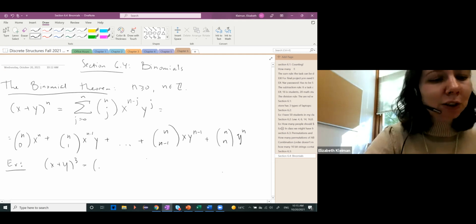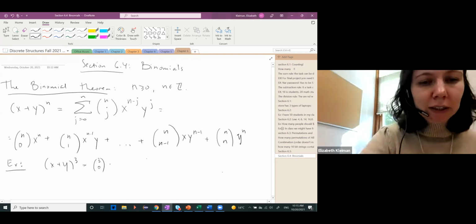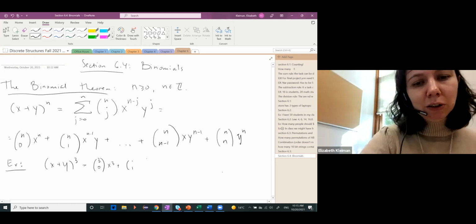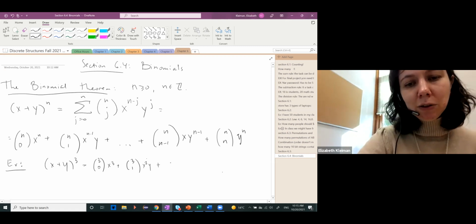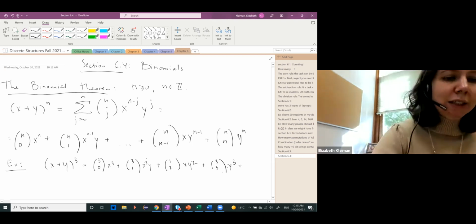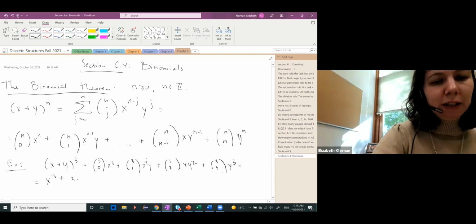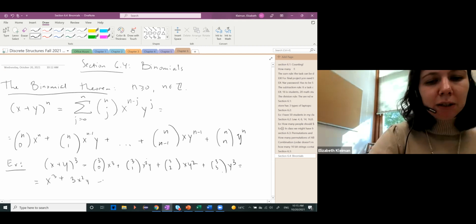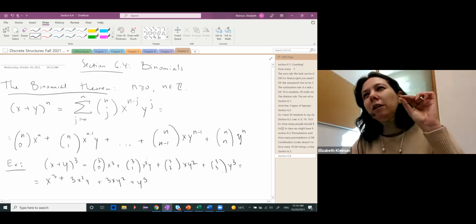So the first term is going to be 3 choose 0 x cubed, plus 3 choose 1 x squared y, plus 3 choose 2 x y squared, plus 3 choose 3 y cubed, which is going to be x cubed plus 3x squared y plus 3xy squared plus y cubed.